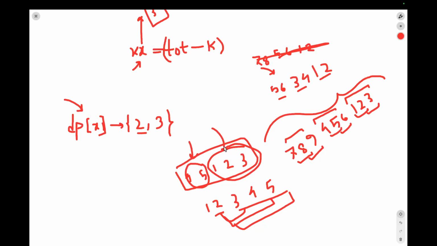We will show later how we can write in this way. If dp of x gives us this answer, that will be our permutation. It can also be a single element like 4. If it gives 4, that means we have to write an array like this, 3 1 2 3 4. That will be a permutation. Okay, if it gives an array like 4 2 then 3, then what will happen?